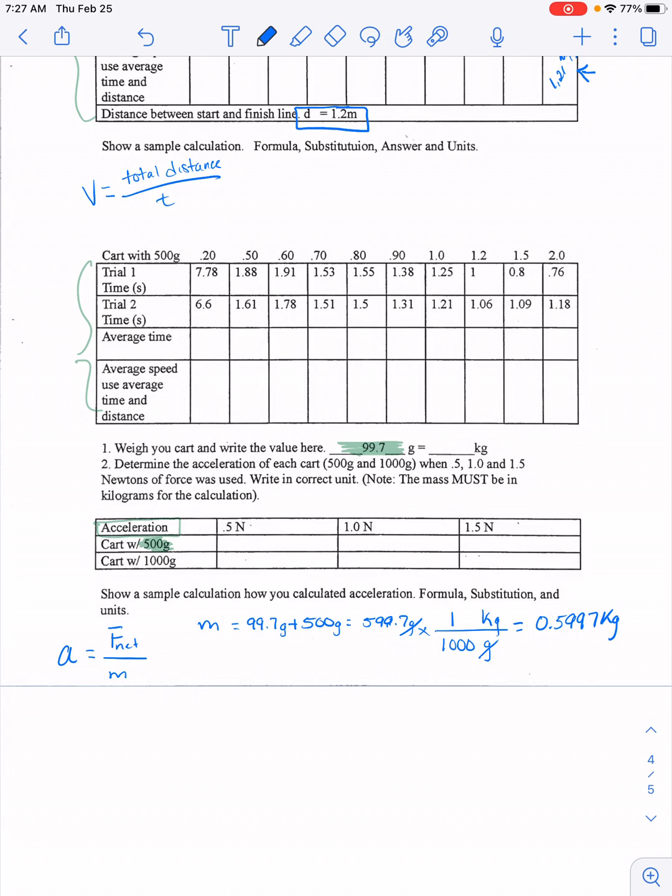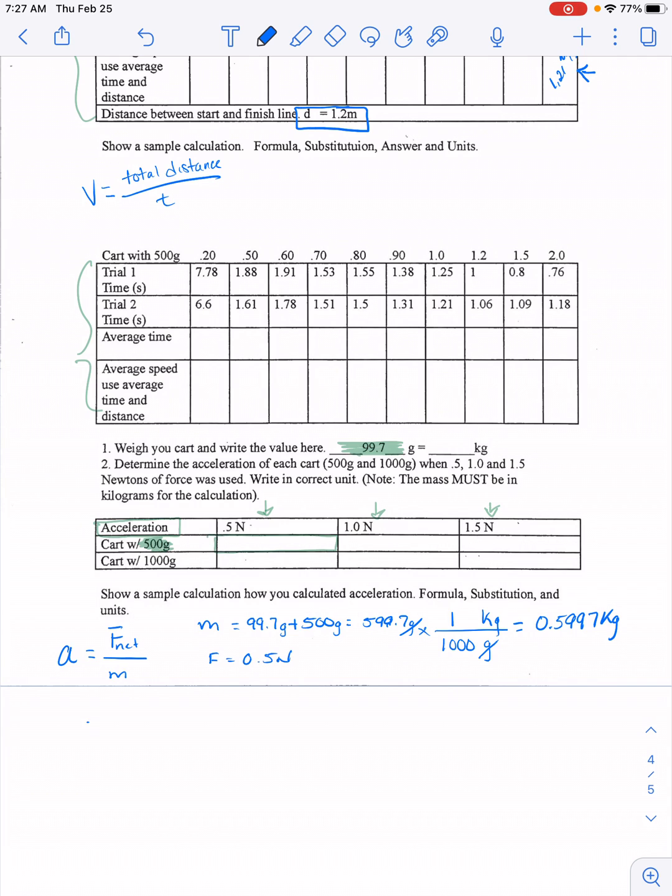Now, each of the columns up here in our data table has a different force, right? Either 0.5 newtons, 1 newton, or 1.5 newtons. I'm just going to choose to fill in here and see what the force of 0.5 newtons does.